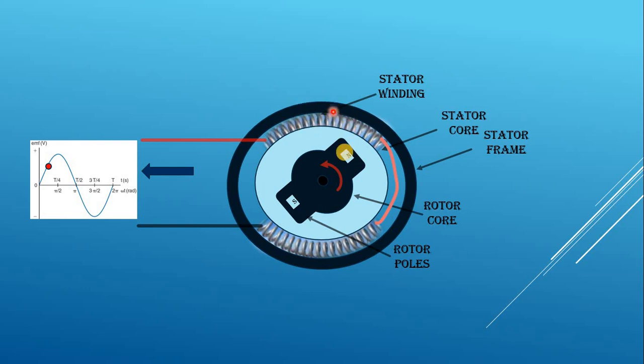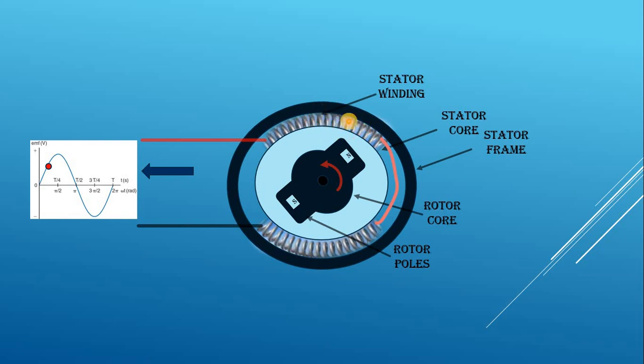When the rotor starts to rotate in the anti-clockwise direction, first the north pole moves towards the coil at the top. When the north pole starts to move towards the coil, flux linking with the coil starts to increase.